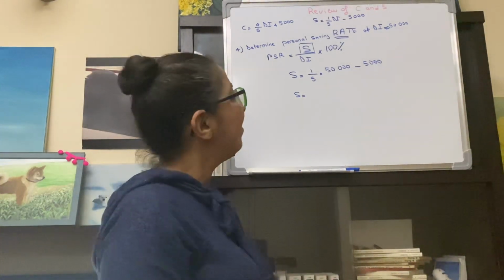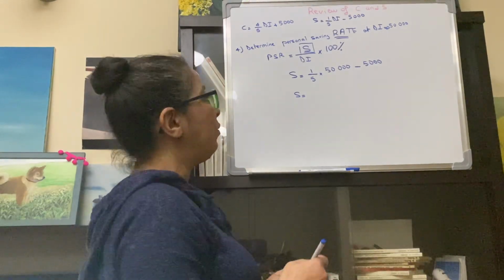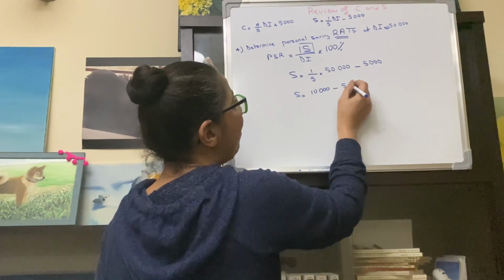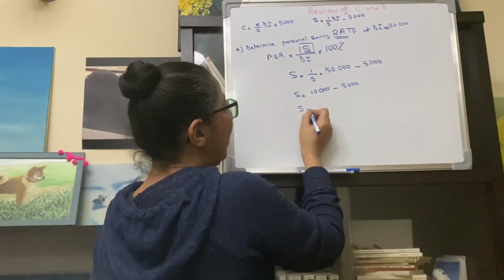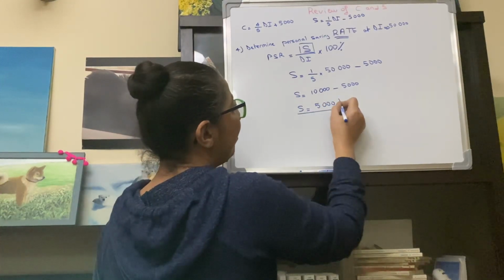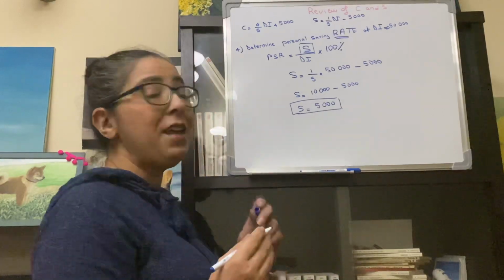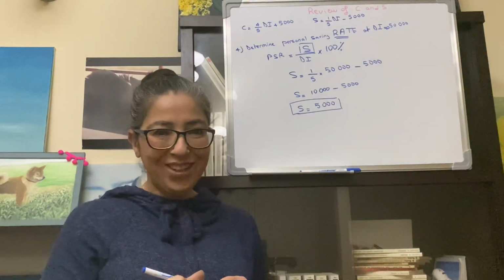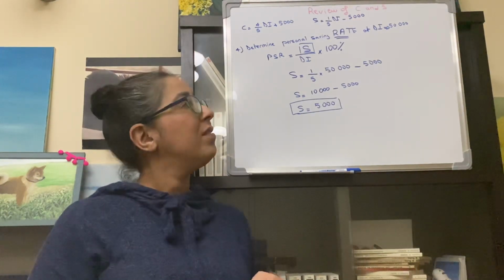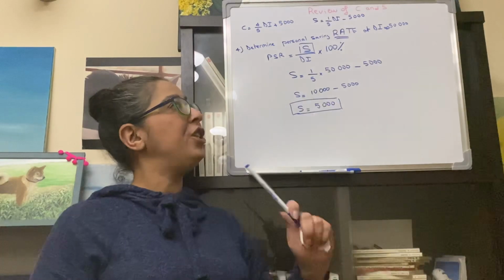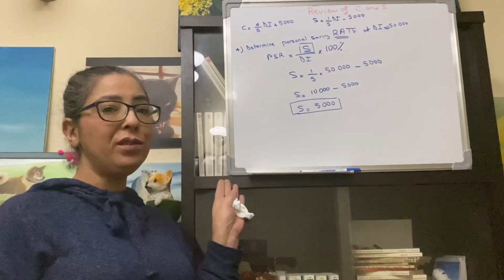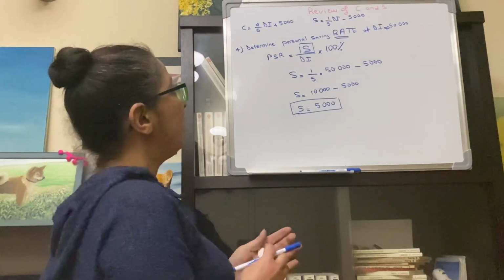That's 10, isn't it? So it's 10,000 minus 5,000. So my saving is equal to 5,000. That's my saving, but that's not my answer, okay? They asked me to calculate the personal saving rate. So I need to do this calculation using my number here, okay? Take this down. I'm moving to the calculation.